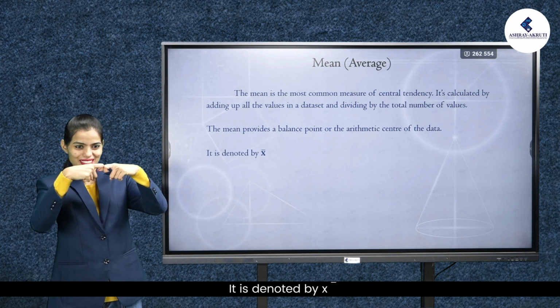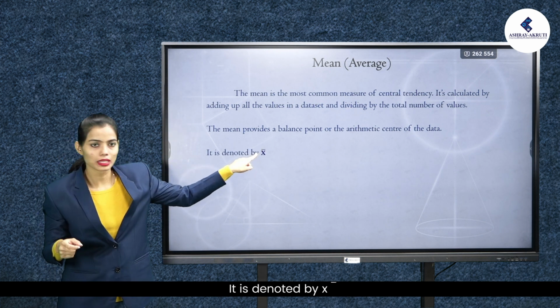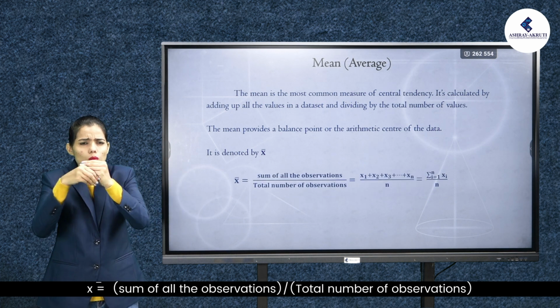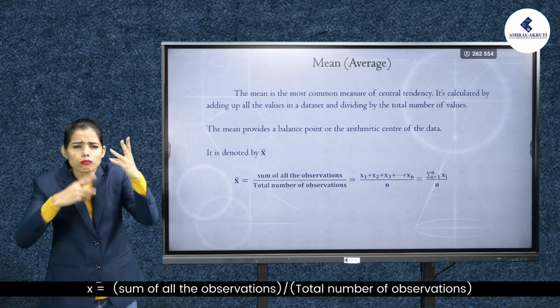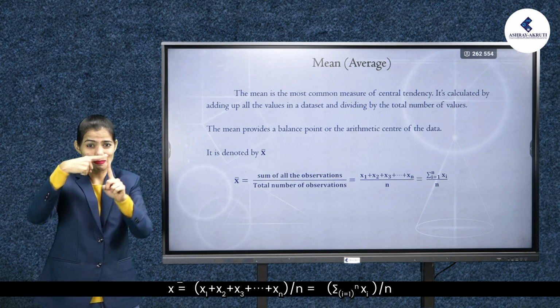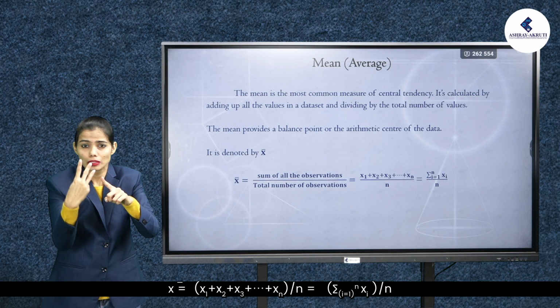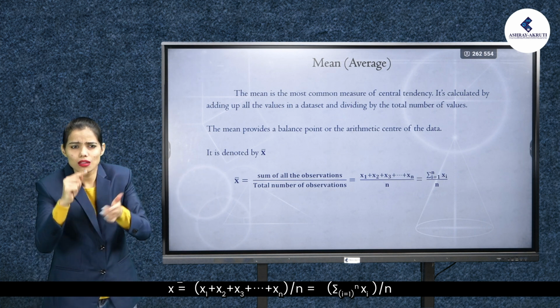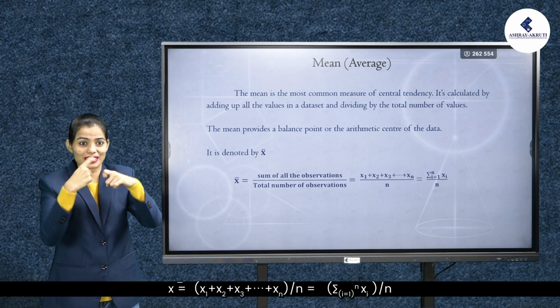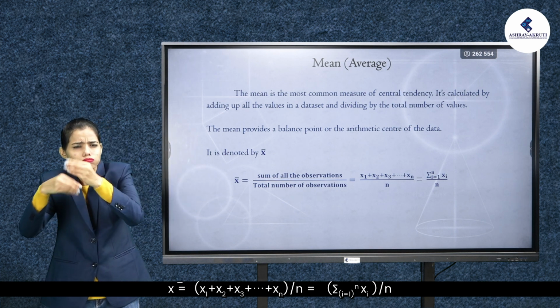It is denoted by x bar. x bar is equal to sum of all the observations by total number of observations, which is equal to x1 plus x2 plus x3 plus so on plus xn by n, which is equal to summation of i is equal to 1 to n xi by n.